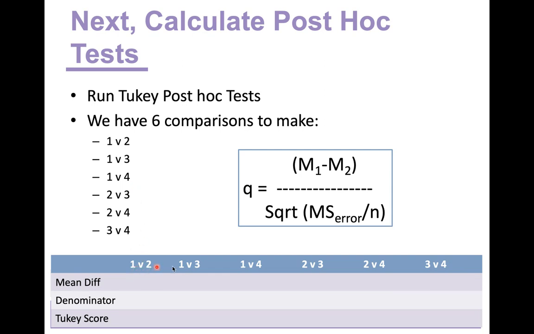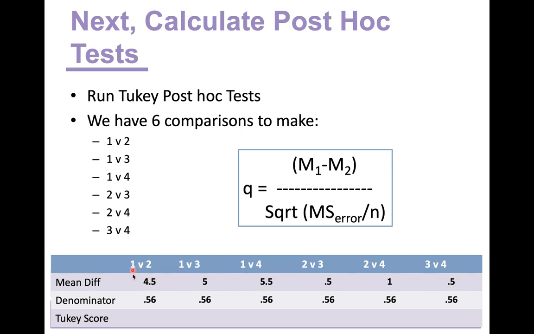So 1 minus 2, 1 minus 3, 1 minus 4, 2 minus 3, 2 minus 4, 3 minus 4. Go ahead, go look back at your T and your P table. Pull all of your group means or the treatment means, and you find your mean differences. Those all become the numerators of your Qs, and we're going to list them here.